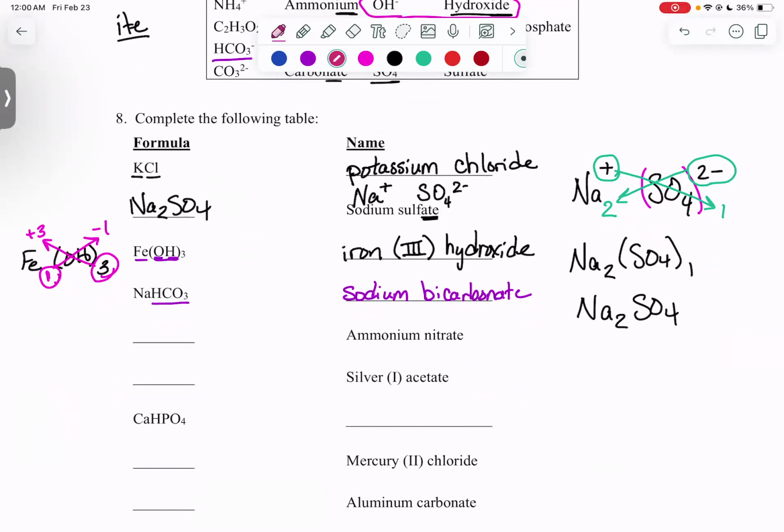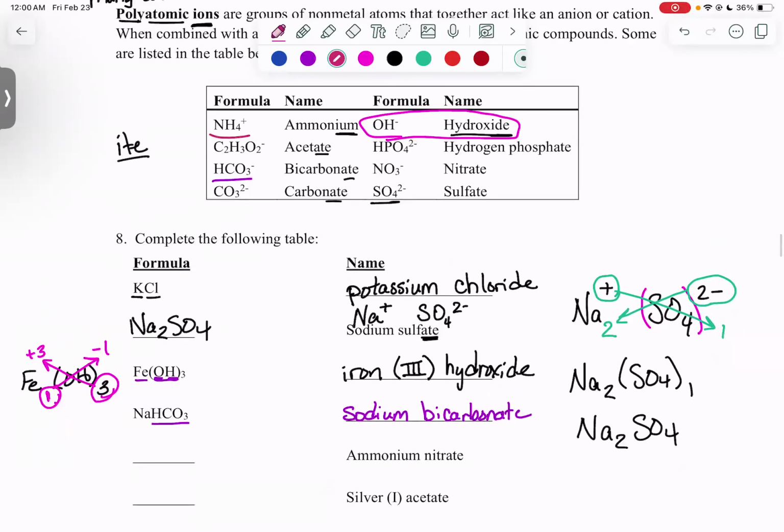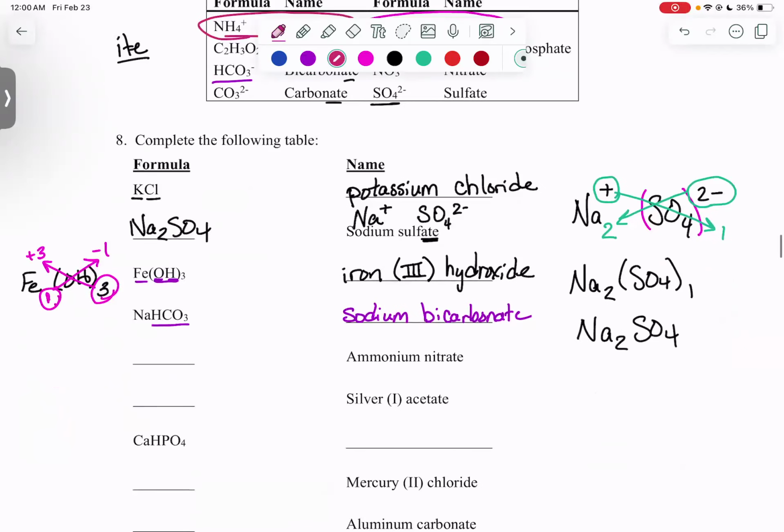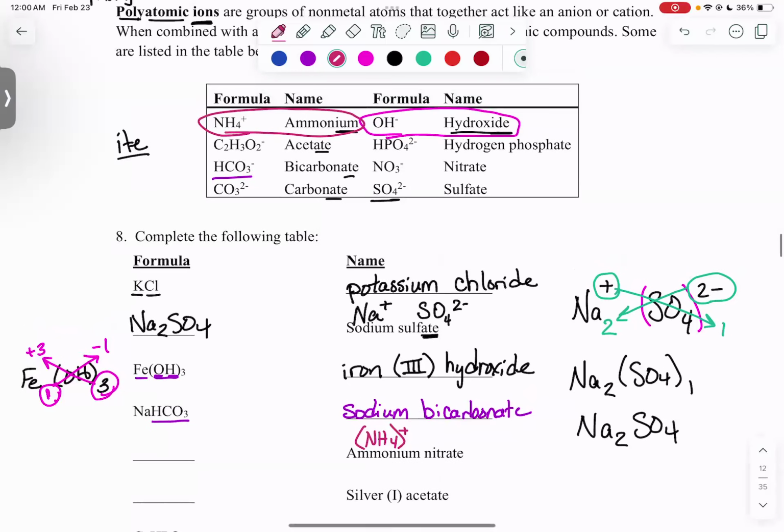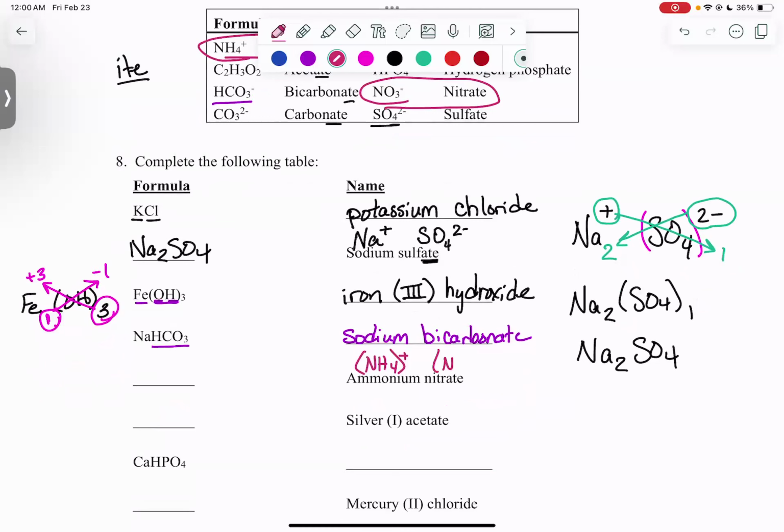All right, the next one, oh, we got to go from a name to a formula. So I'm going to say ammonium. What is ammonium? I come up here to the top and I find ammonium. Ammonium is NH4 plus, so this whole polyatomic ion carries that charge of +1. And then nitrate is right here. So this is NO3, and this whole thing carries a charge of -1.